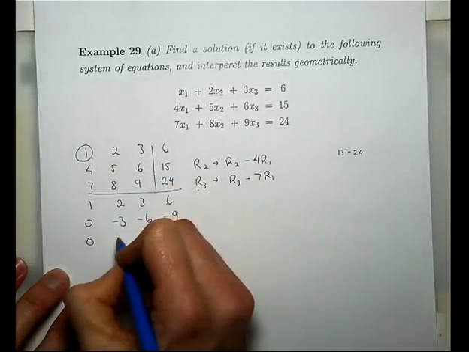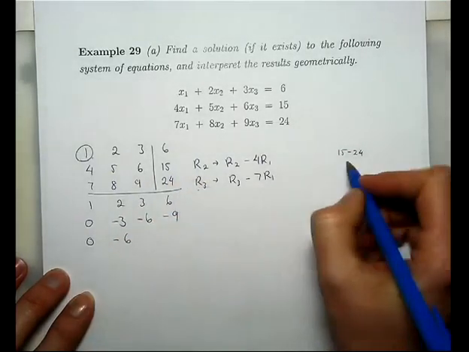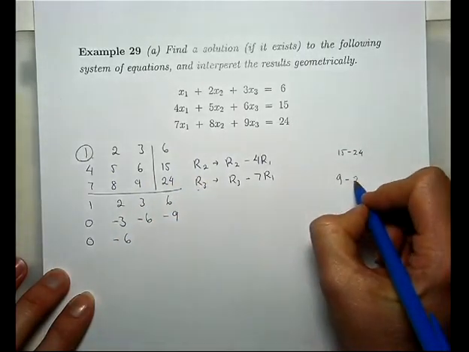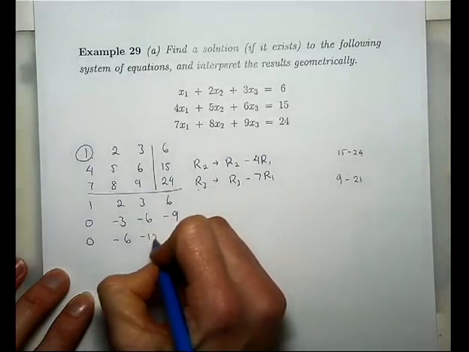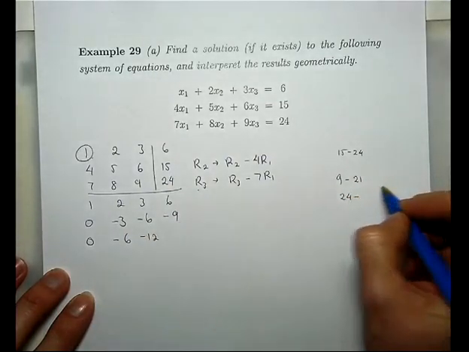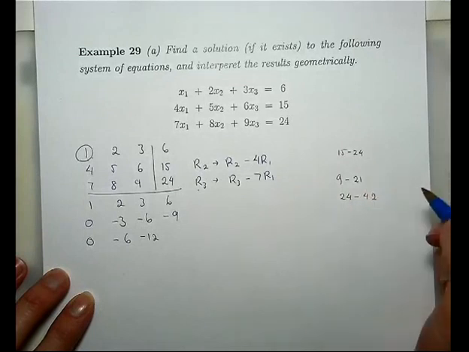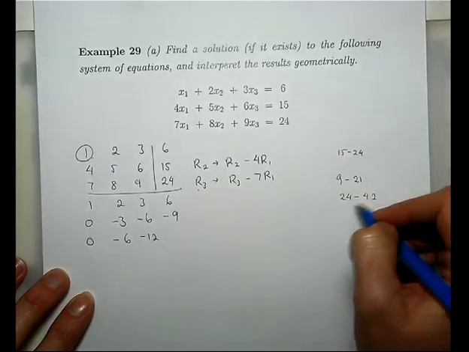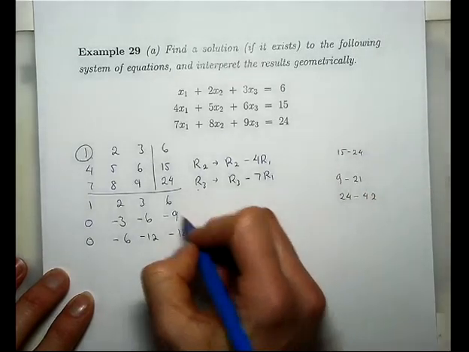Zero. 8, take away 14. 9, take away 21. 24, take away 42. That's too hard. 18.